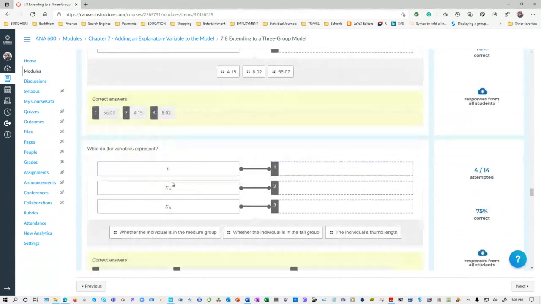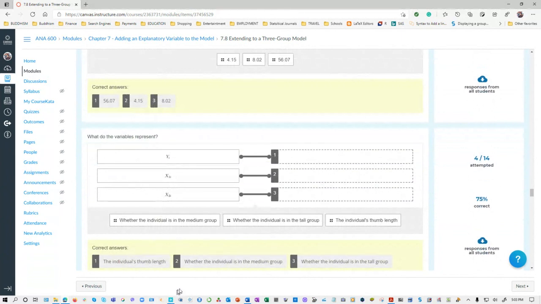What do the variables represent? Y is the individual's thumb length. X1 is whether the individual is in the medium group, and X2 is whether the individual is in the tall group. Look at how this has been set up now. It's not with respect to the short group.